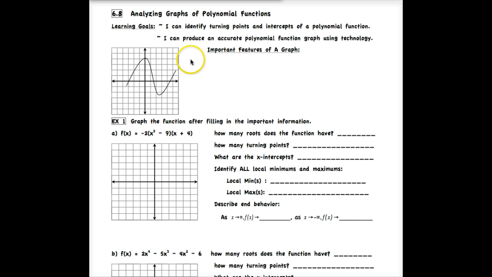So important features of a graph in no particular order. One of the most important features of a graph are the x-intercepts, or the zeros. So in this particular case, if we look, we see an x-intercept here. So there's an x-intercept. Here's an x-intercept.